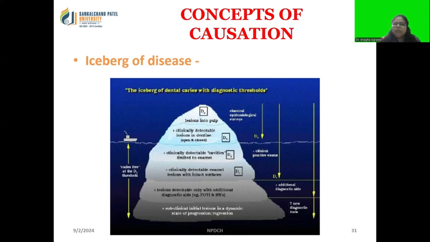In the concept of causation of disease, the majority of patients who come to a clinician only come when they have discomfort, or when there is a normal function that they cannot do. Only then they report to the clinician, and only then do we come to know about the disease and its burden. But the majority of the disease is submerged.